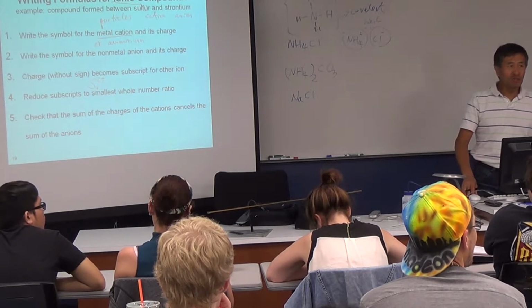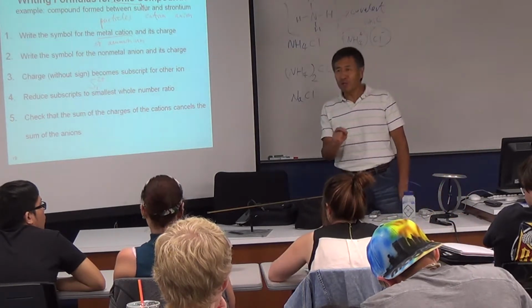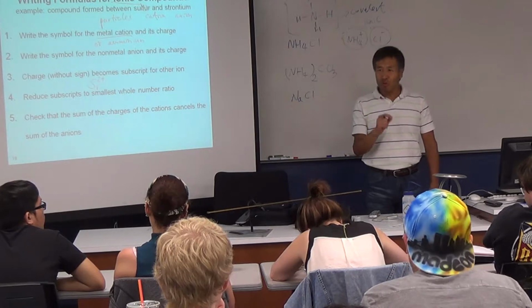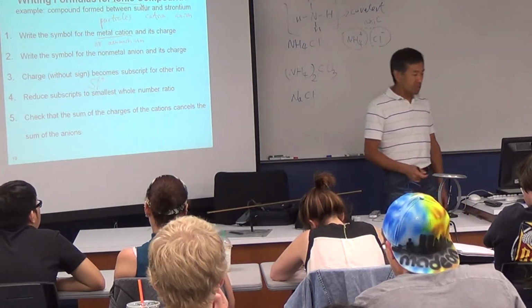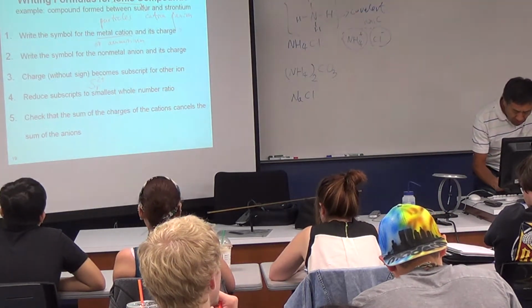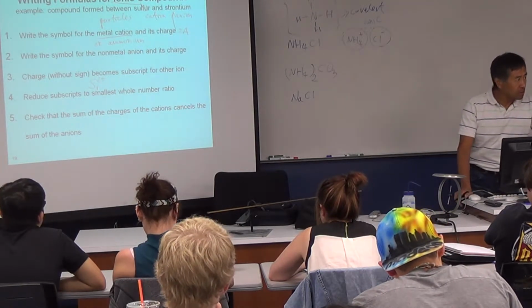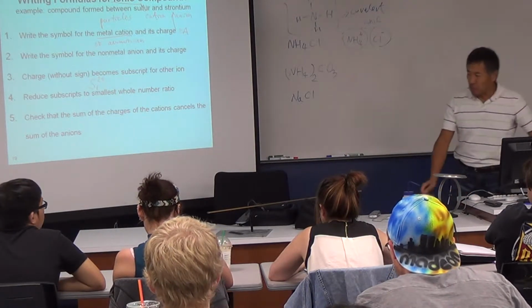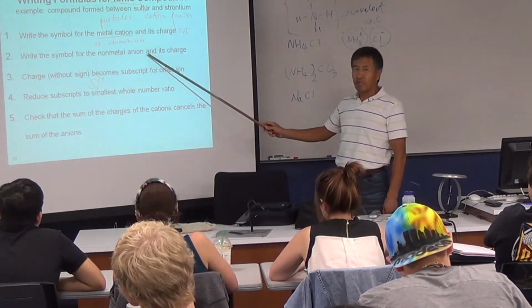So if you want to predict for the metals, you can just use the A group number, right? So it's group 1A, 1 plus, group 2A, 2 plus, right? So why is this 2 plus? Because this is group 2A. And so 2A, 2 plus. Right? Next step, write the symbol for the non-metal anion.